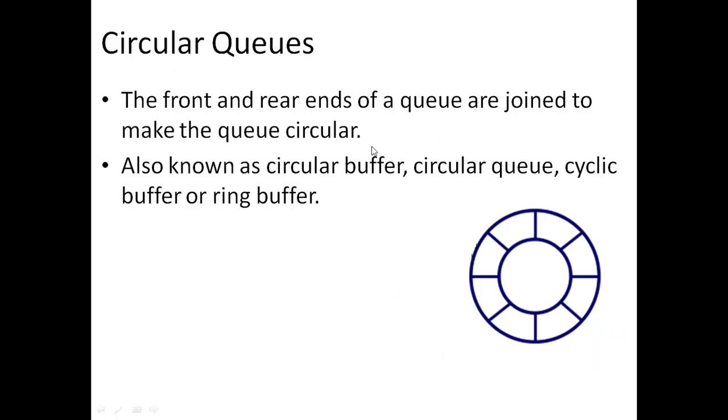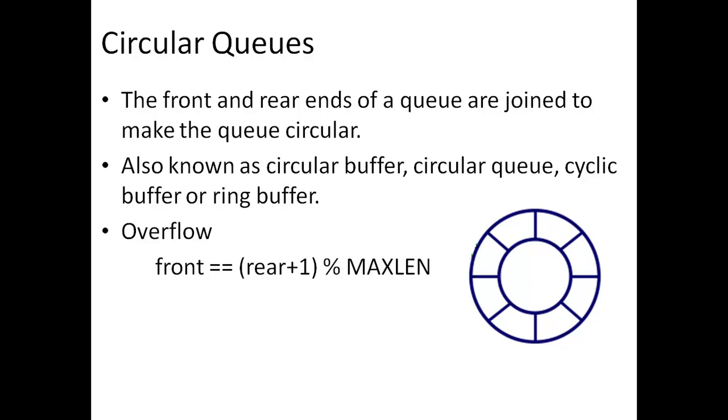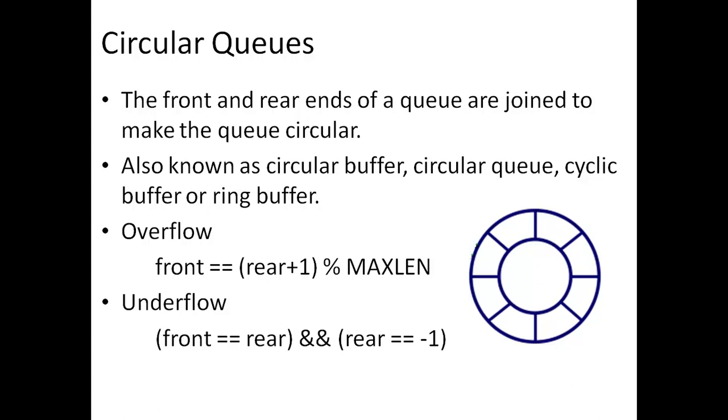So the idea is to join the front and rear ends of a queue, and the resultant structure is termed as a circular queue. Everything remains the same, but the conditions for the underflow and overflow are rewritten as is shown here.